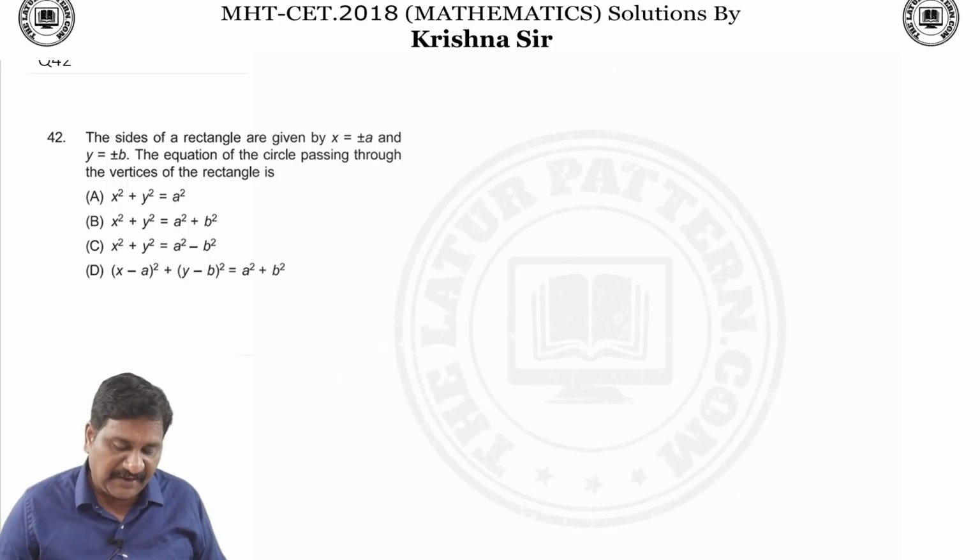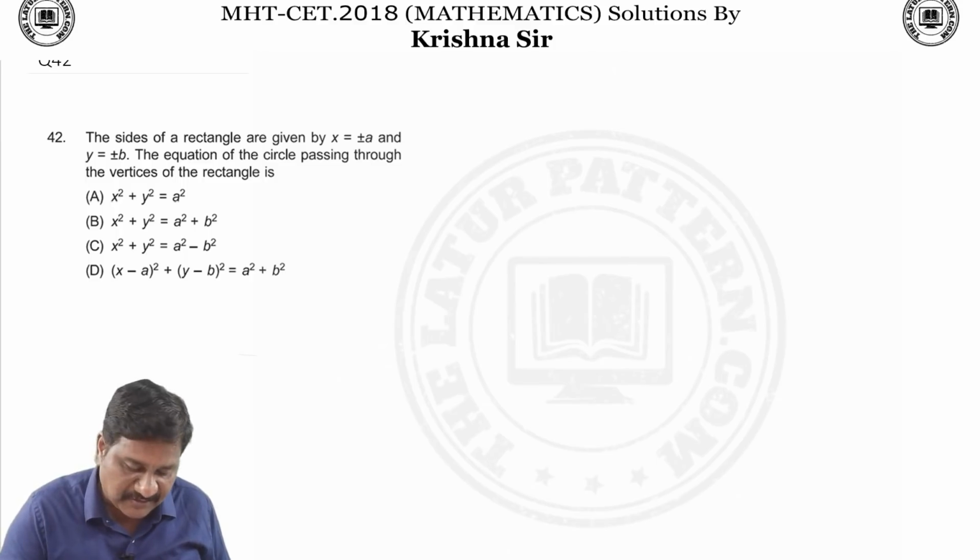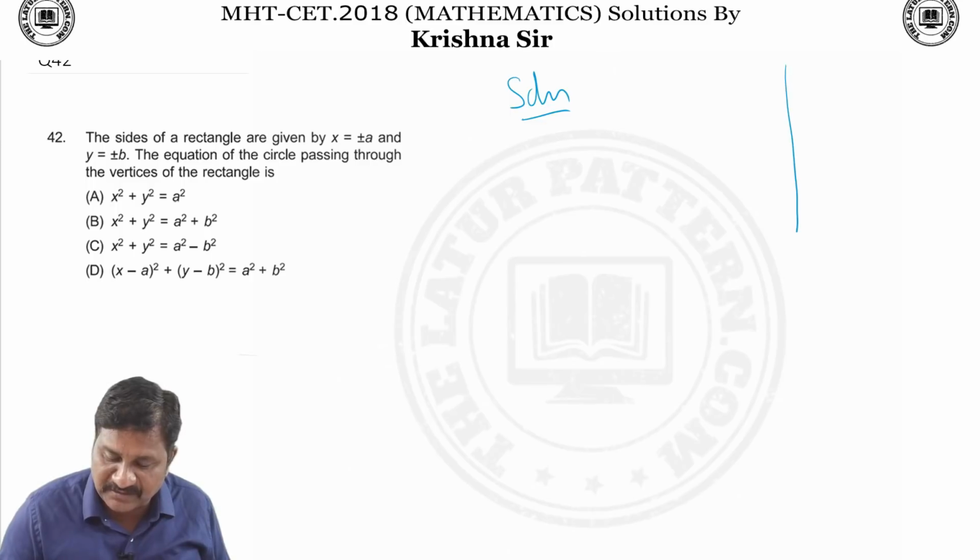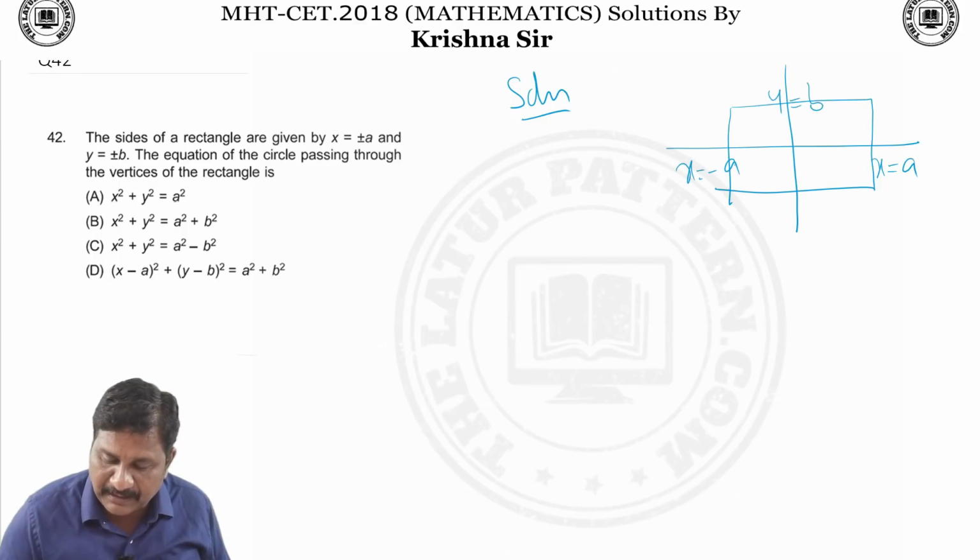The sides of a rectangle are given by x equal to plus or minus a and y is equal to plus or minus b. So this is the coordinate system. x is equal to plus or minus a. We are taking a rectangle. x is equal to a and x is equal to minus a, and y is equal to b and y is equal to minus b.